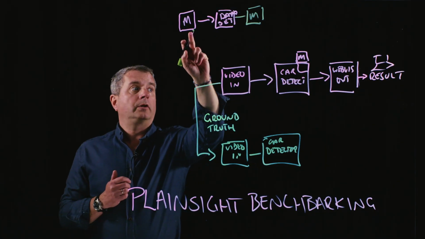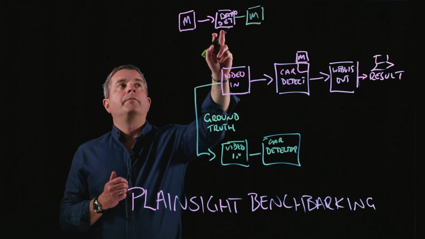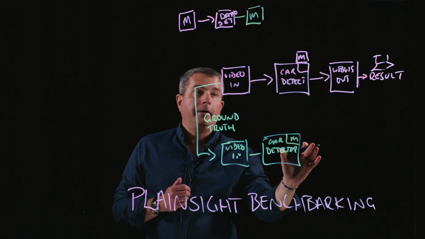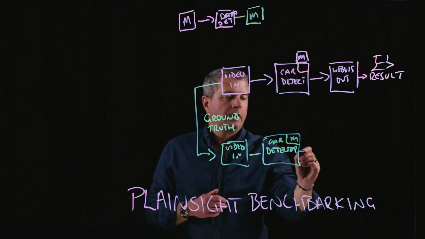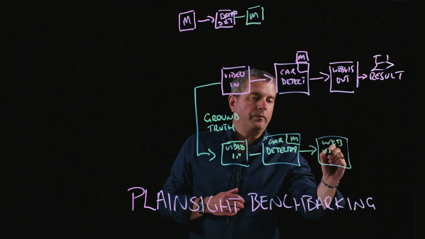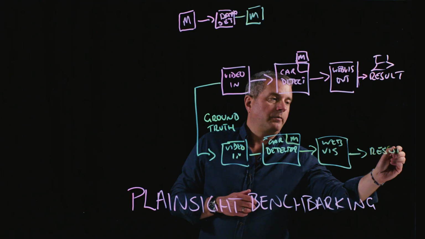Remember, we had our new model, say perhaps it was SAM3, perhaps it was something else, SAM4, to generate the data set, to generate the new model, and we're using here in the car detector filter in place of the previous one. Same WebViz filter out, and then we'll see the results.